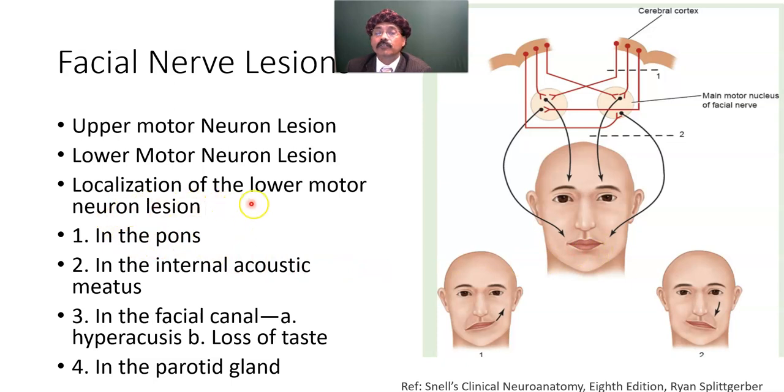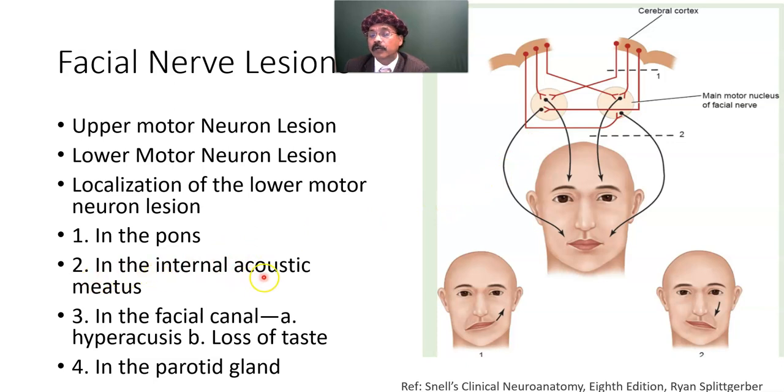So localization of the lower motor neuron lesion, it may be in the pons because the lower motor neuron is in the beginning. It begins from the pons area in the floor of the fourth ventricle, and then underneath the floor of the fourth ventricle in the lower part of the pons.